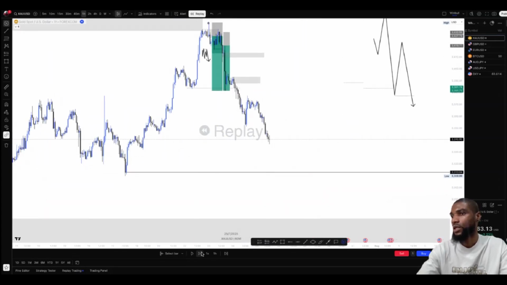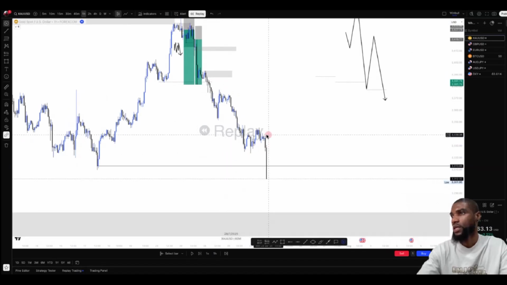Market keeps going down. There is no structure. Remember, don't rush any trade. You already got 1:4 here, so there is no need to rush.